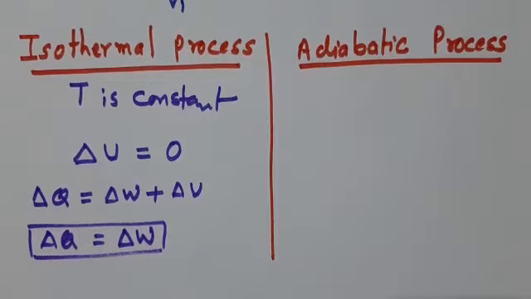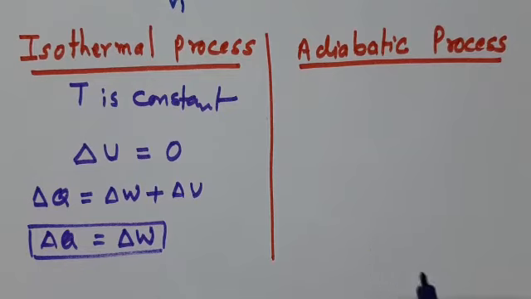Hence, the amount of heat given to the system in isothermal process is equal to the total work done in case of isothermal process.